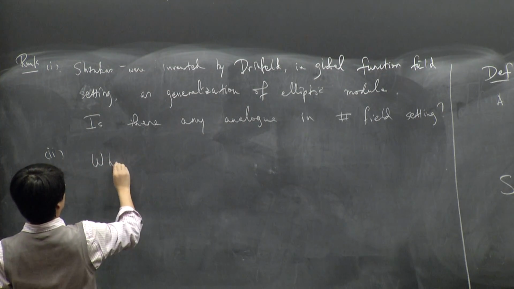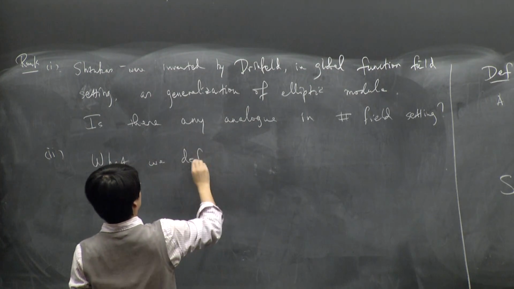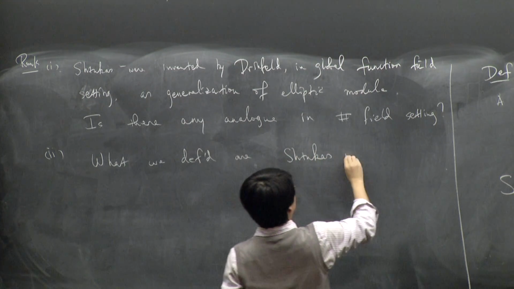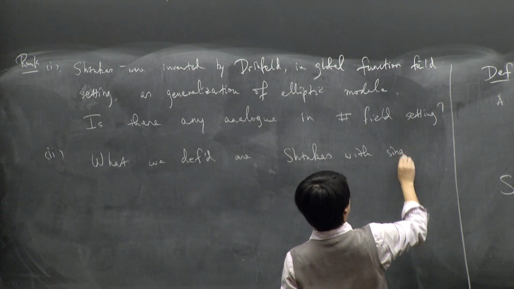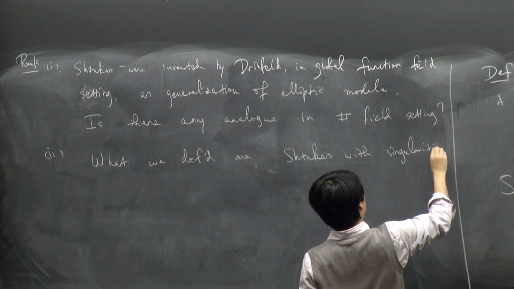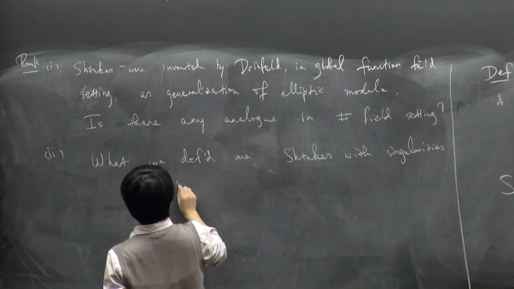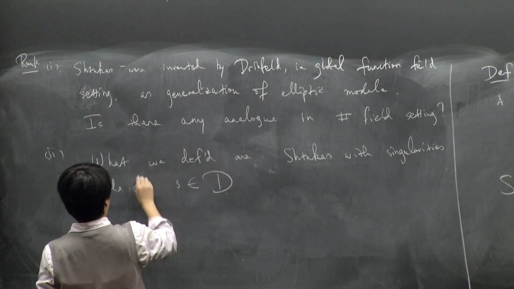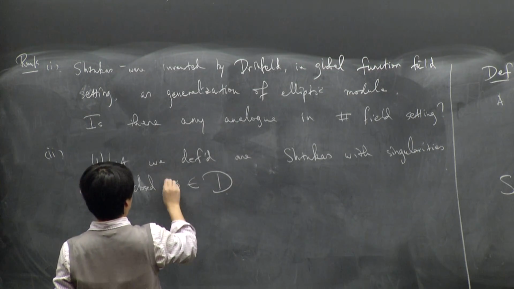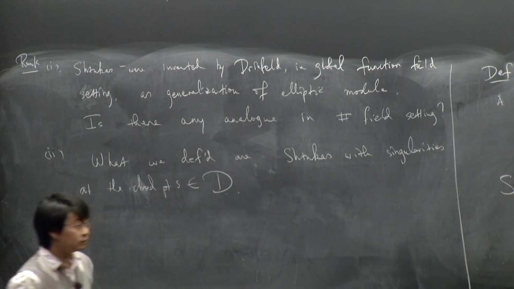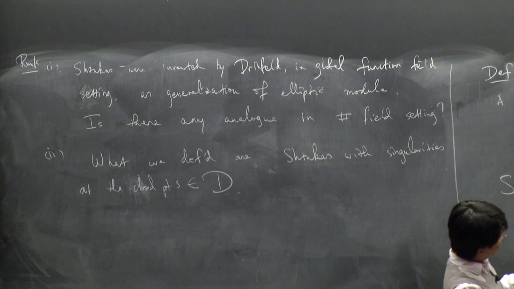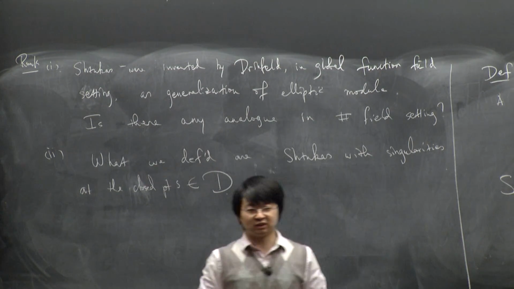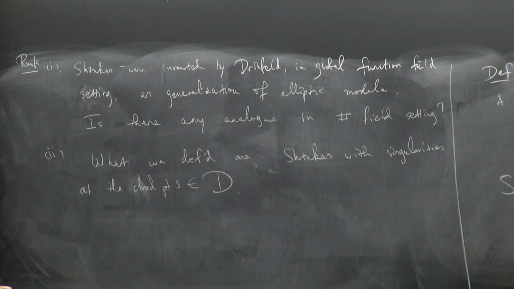What we defined are Shtukas with singularities at the closed point of the disk. In fact, one can define a more general notion, like Shtukas with singularity at the generic point of D, or even with singularities moving along D.